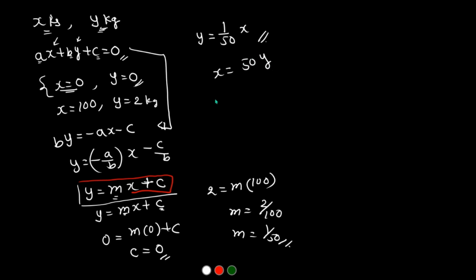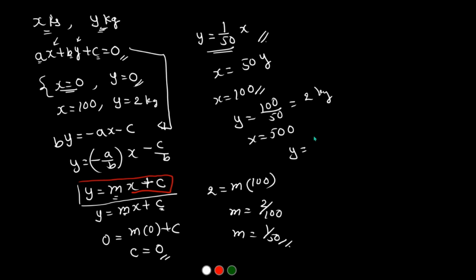If you have x as 100 rupees, how many apples do you get? From this equation y is equal to 100 by 50, so you get 2 kgs of apples. If you have 500 rupees, how many apples do you get? y is equal to 500 by 50.